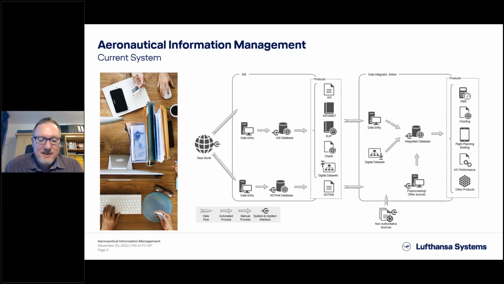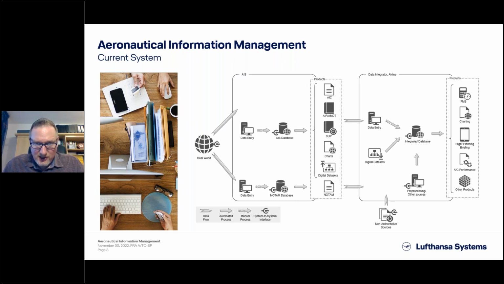And what we see here is a more streamlined process on the left side, and we see already some databases and interfaces, which means that all the AIS products should at least be generated from the same source. So where we had different documents in the past, we should have now still the same documents, but with the same content from the same source.